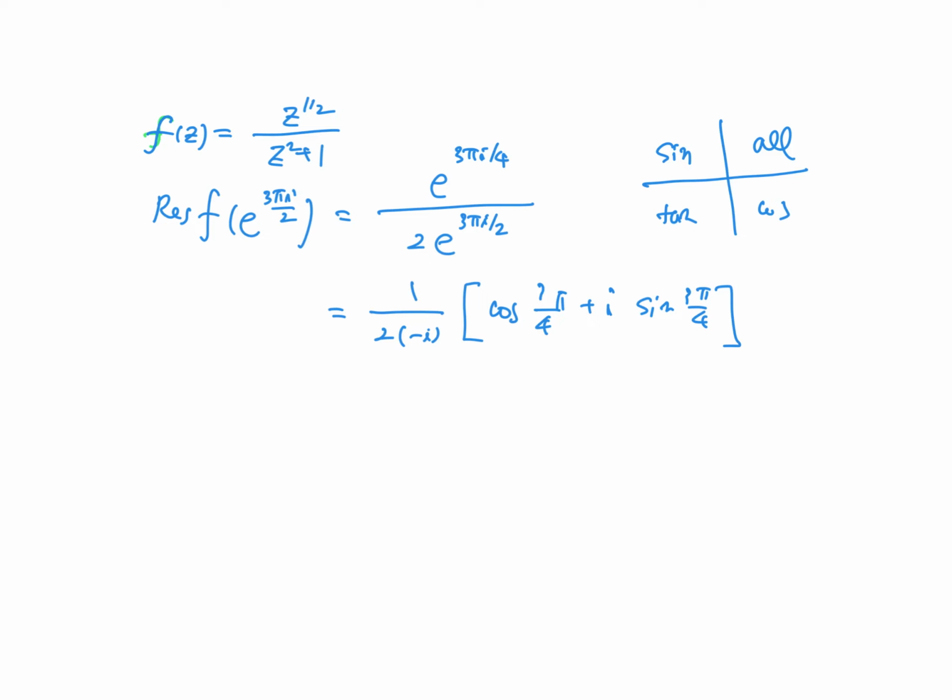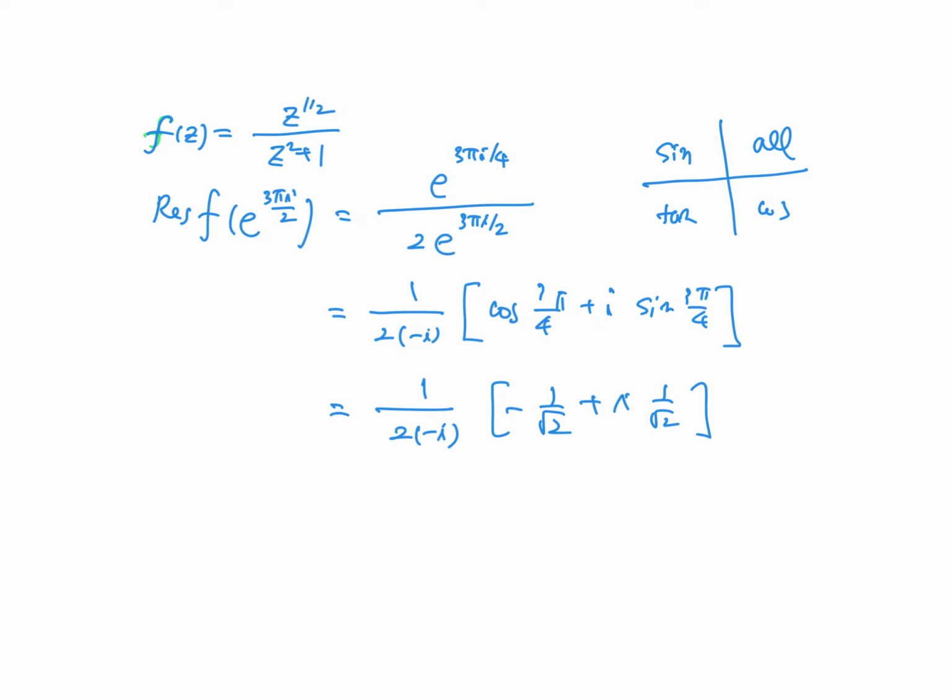So 3 pi over 4 is in the second quadrant, so cosine is minus. So this is 1 over 2 times minus I, times minus 1 over square root of 2 plus I over square root of 2.